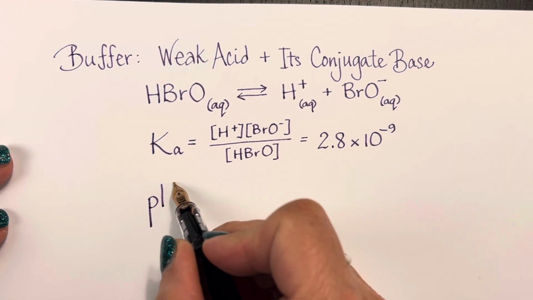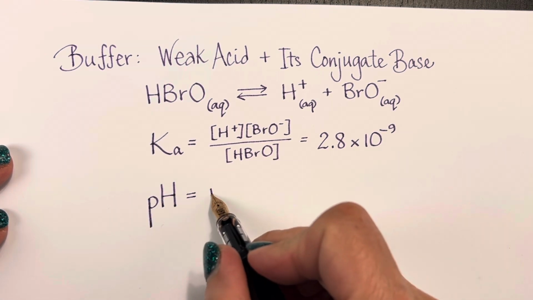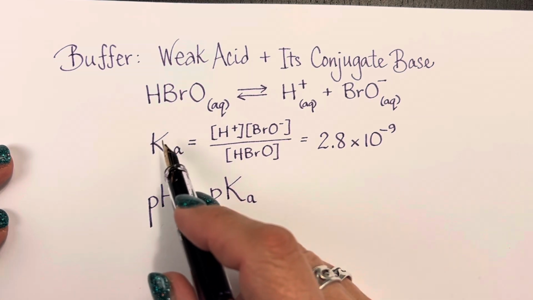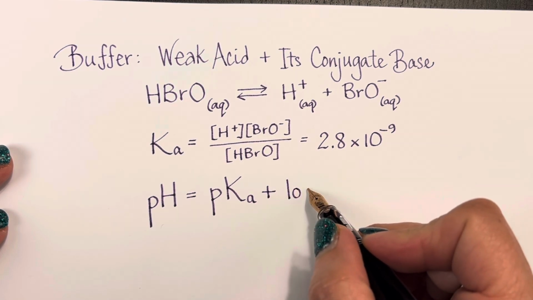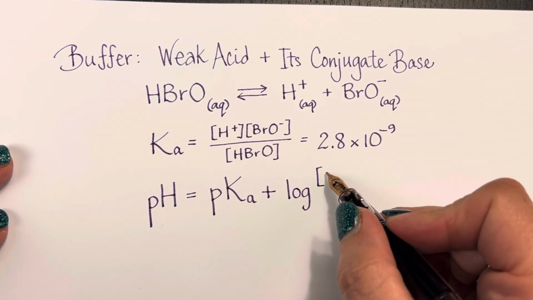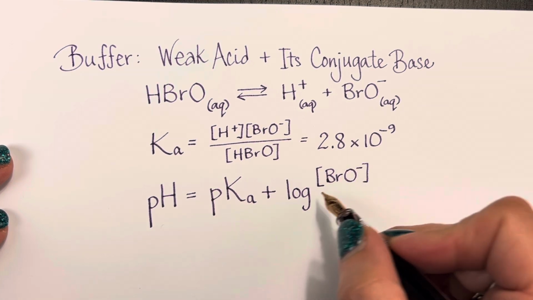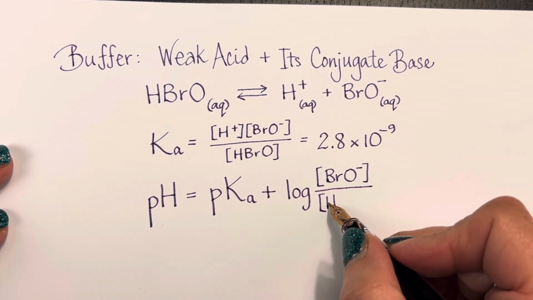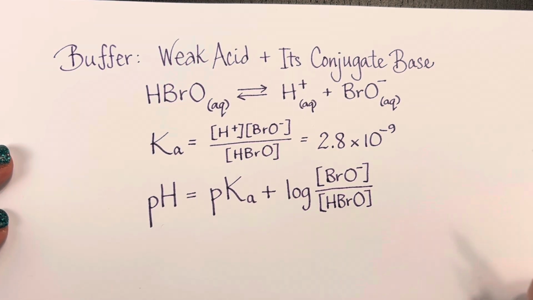The Henderson-Hasselbalch equation allows you to calculate the pH of a buffer if you know the pKa of the weak acid, and then you add the base 10 log of the ratio of the conjugate base, which I'm going to put in here for this sample problem, divided by the acid, HBrO.